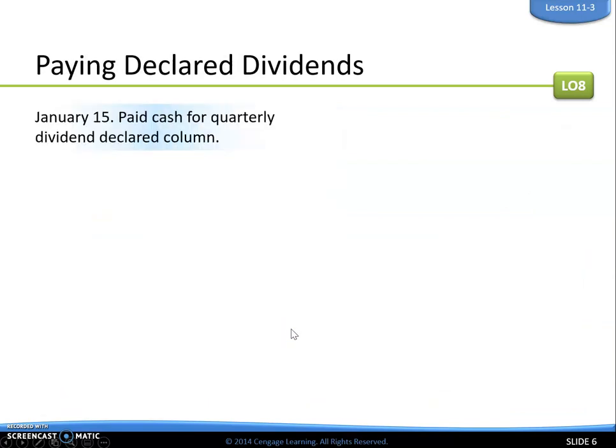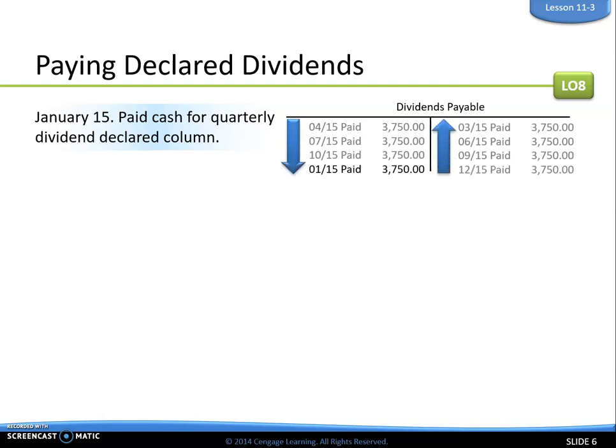Here we see that we are going to pay those dividends. So January 15th, it says that we paid cash for the quarterly dividend declared. So here they're showing us all of the dividends declared, or the dividends payable, and then paid out. You'll notice here that they were declared on 3/15 and then paid on 4/15.